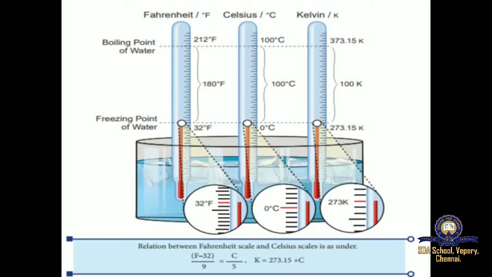The relation between Fahrenheit scale and Celsius scale is (Fahrenheit minus 32) by 9 is equal to Celsius by 5. And Kelvin is equal to 273.15 plus Celsius.